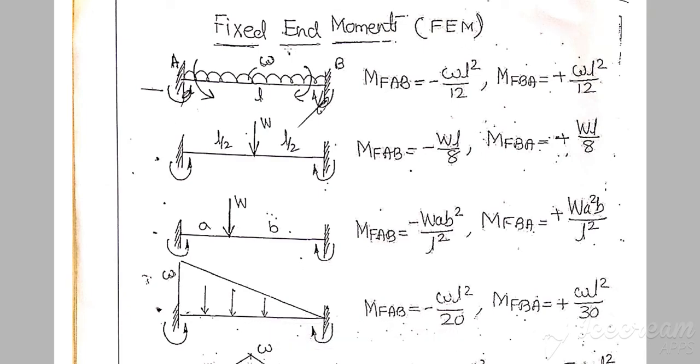Here, when we are going to calculate fixed end moment, we can assume both the ends, that means both the supports, are fixed supports.